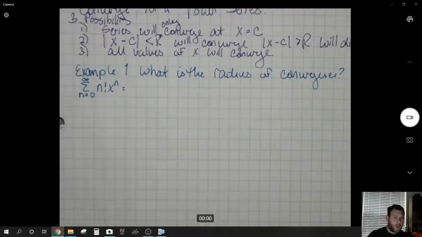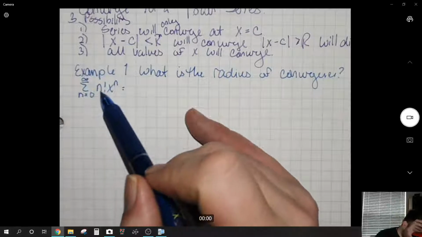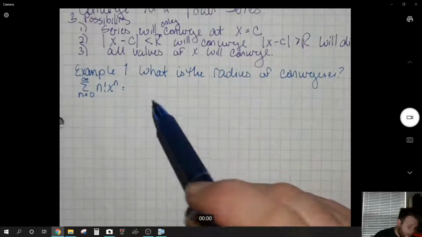Okay, so in this example, I'm going to be discussing two things. The first thing is where is it centered, and where does it converge? What values of x does it converge at? First off, I know it's centered at 0.